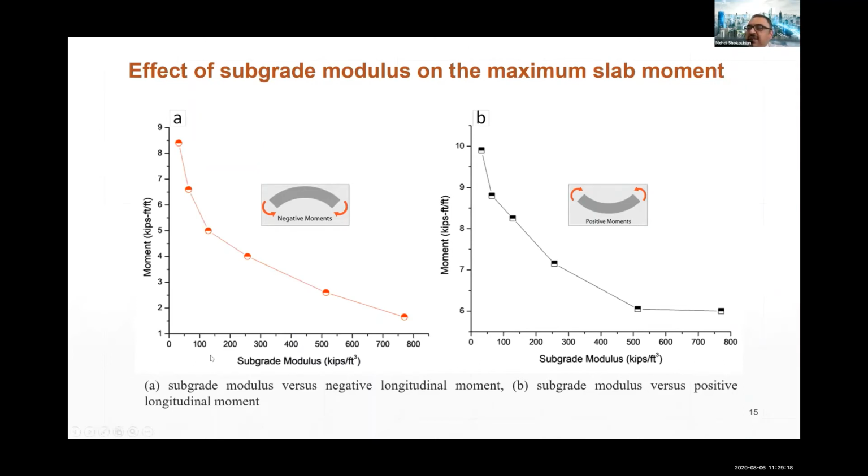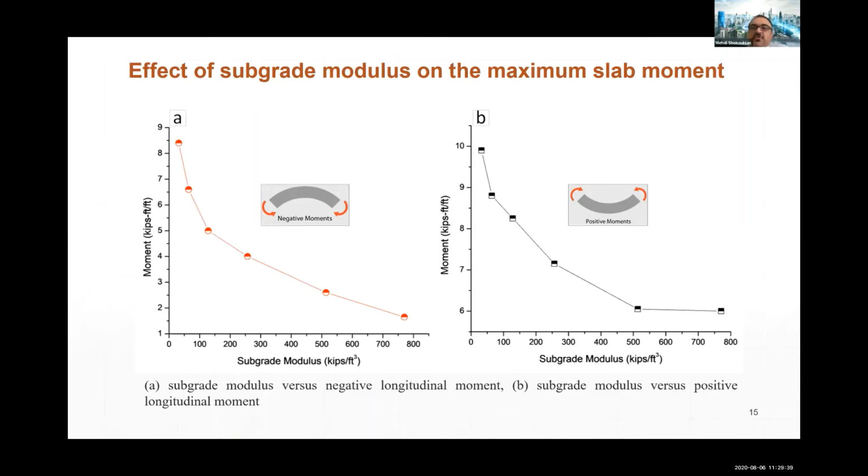As you see here, by increasing the subgrade modulus, the moment will be decreased. That means a good compaction can result in lower moment, because it more uniformly distributes the load.